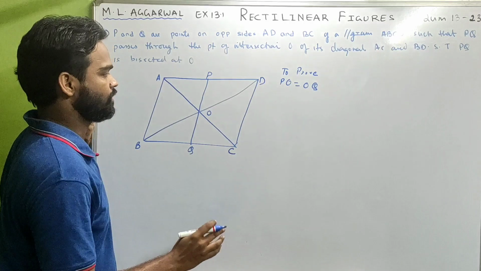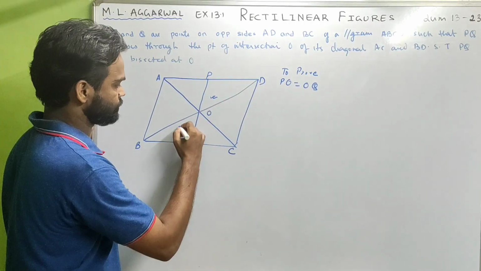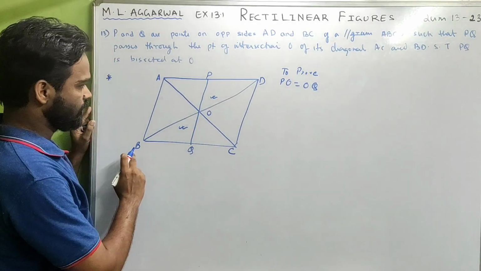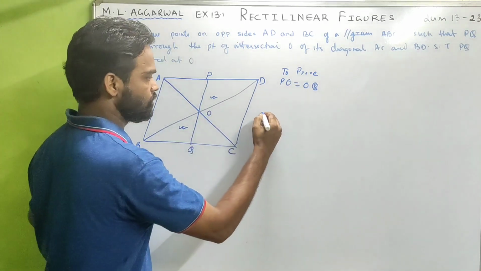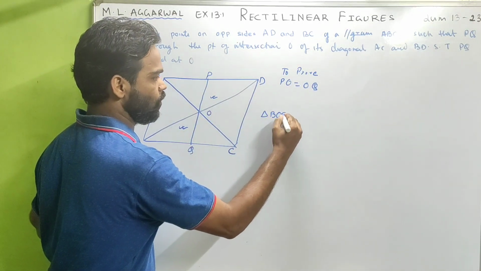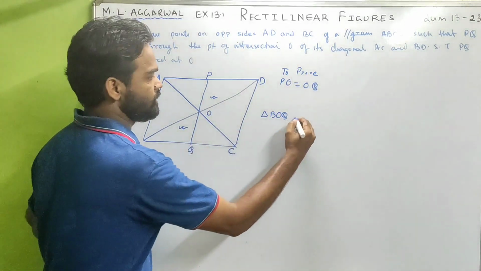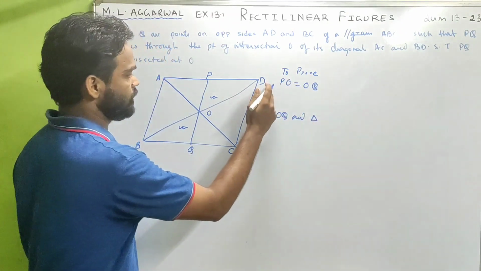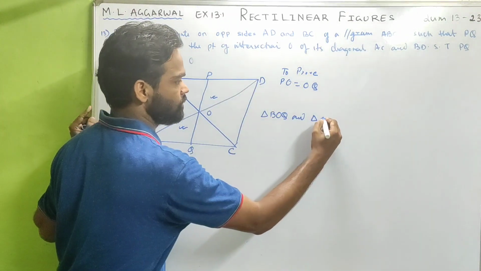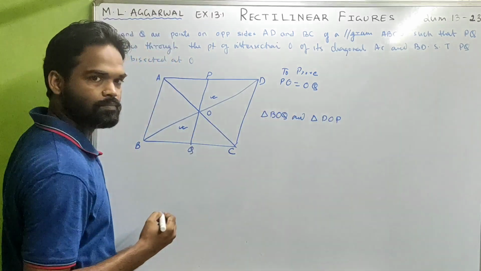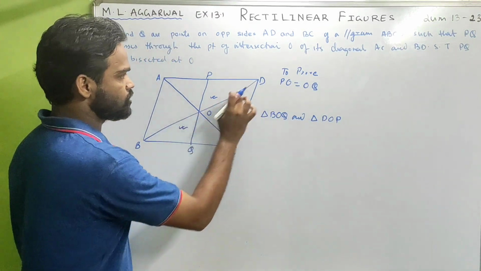Very simple, just look over here. Take these two triangles, triangle BOQ and triangle DOP. BO equals to OD.